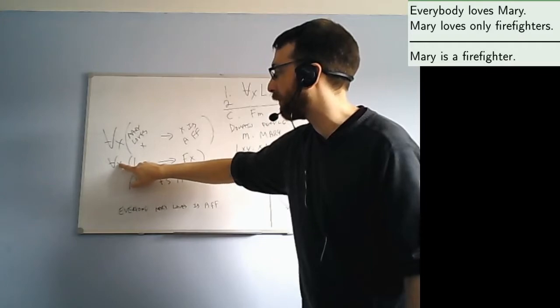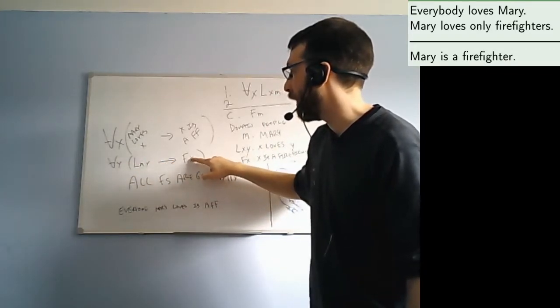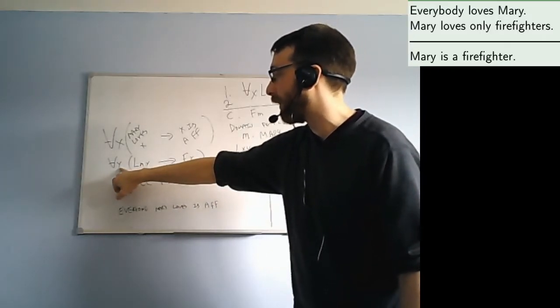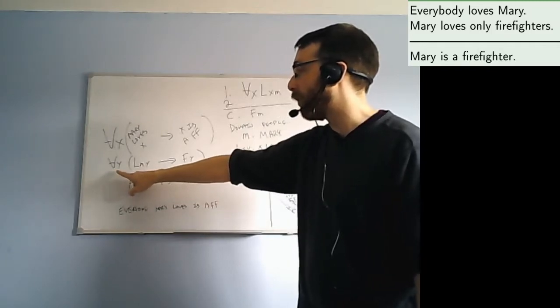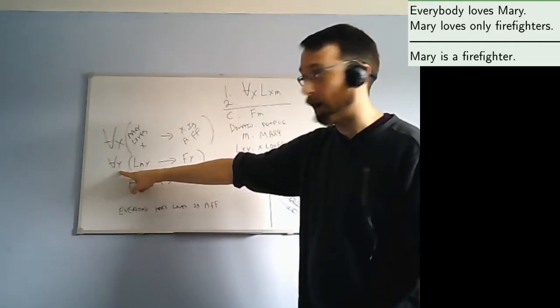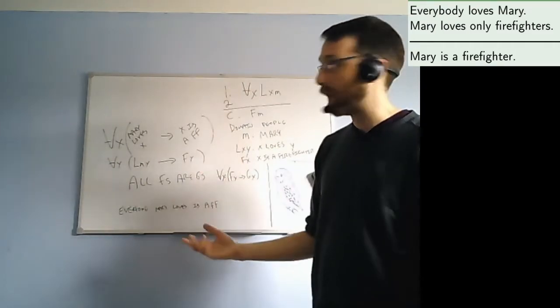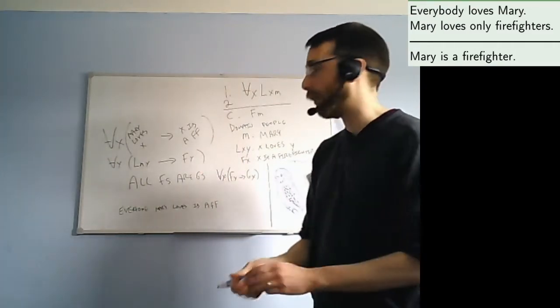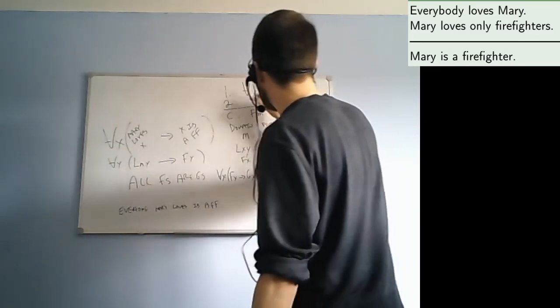If I replace that X with a Y, well, since we have the same pattern of repetitions, the Y is here, here, and here, I say the same thing. I'm saying no matter what you put in the gap I'm now going to call Y, that's those gaps, you'll get something true. That's exactly the same as what I said before. Okay. So this is my premise 2.